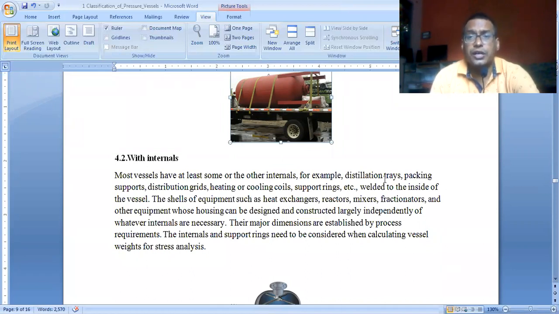In distillation, there can be trays, packings, supports, distribution grids, heating or cooling coils and heating and cooling arrangements, and support rings. These are the different distillation column accessories. Then the fractionators and other equipment can also have some internals. In the case of a reaction vessel, you must have the agitator.